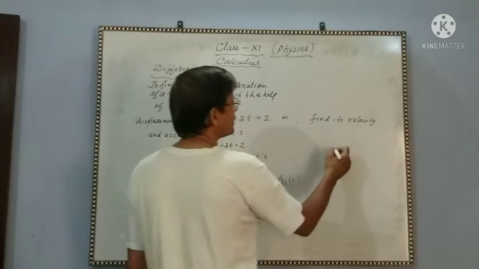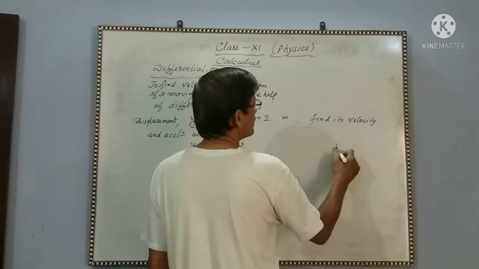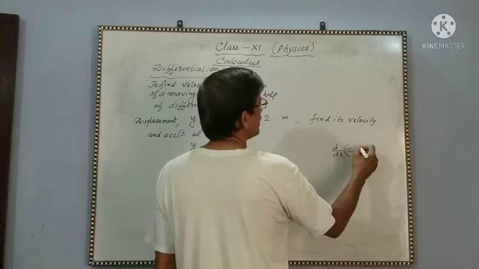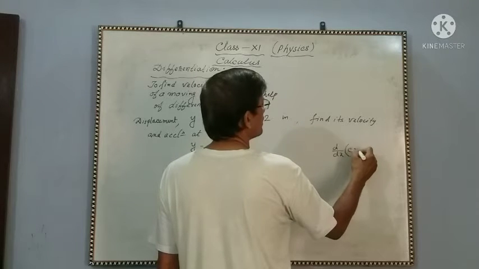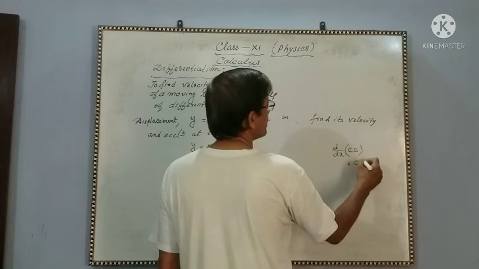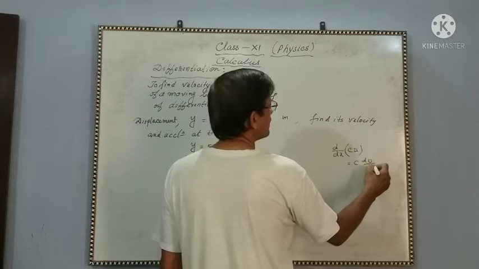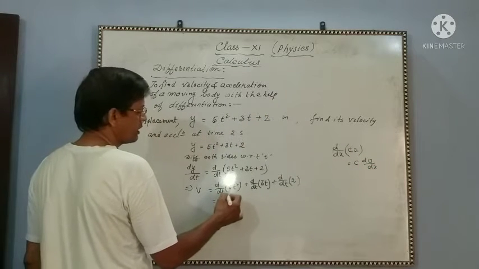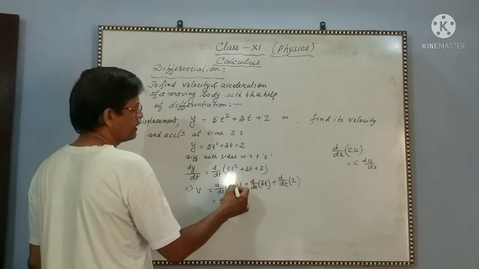Here 5 is a constant coming out. By the formula d by dx of c u equals c du by dx, first c comes out and then differentiate the rest.